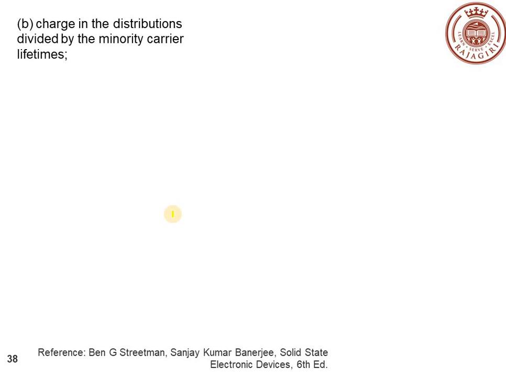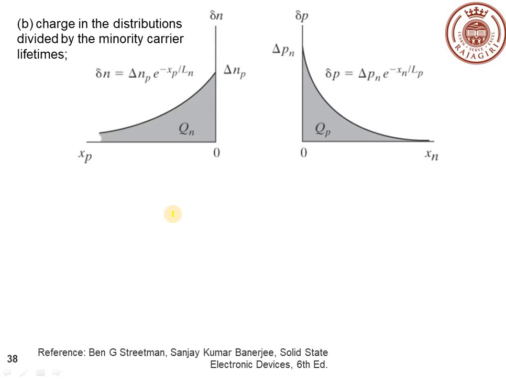The second method to find the current through the junction is by finding the charge distribution and dividing by the carrier lifetime. So charge by carrier lifetime is current. We need to find the charge distribution on the P side and N side, that is delta P and delta N, from which you find Qn and Qp.